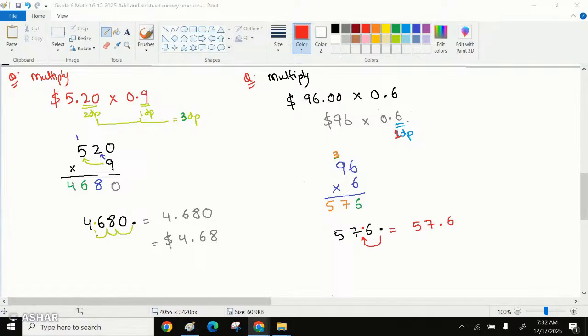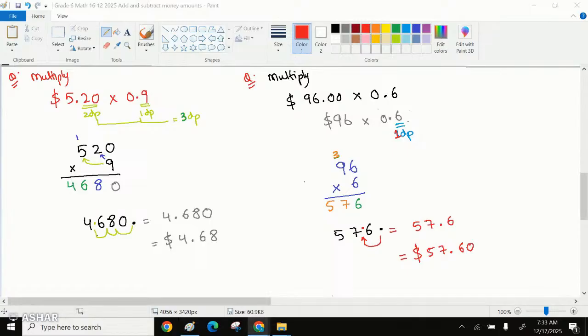And since this is in dollars, we need to write the unit, dollars 57.60, because always the currency, the money, whether dollars or pounds, is written in 2 decimal places. So we change 57.6 to 57.60.